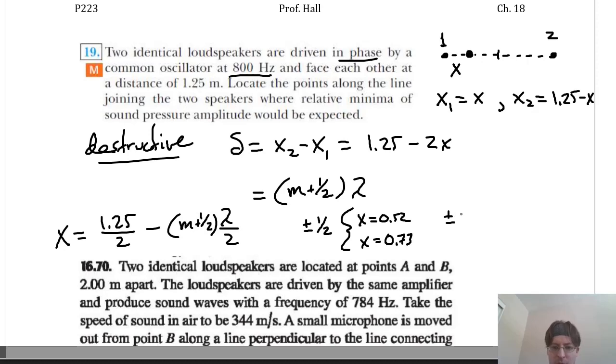So plus or minus 3/2, meaning these are the 2 points which have a path difference of 1.5 wavelengths, 3/2 of a wavelength. The two values there come out to be about 0.3 and 0.9. And then there's one more set, which is plus or minus 5/2. And the values there are about 0.09 and 1.2.